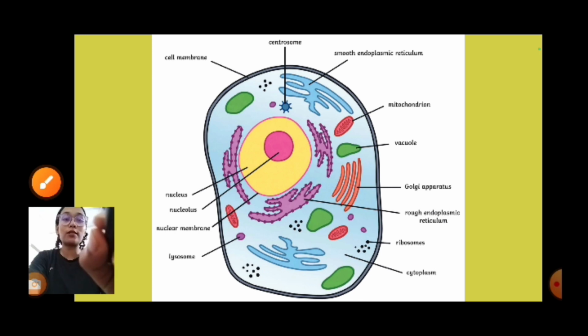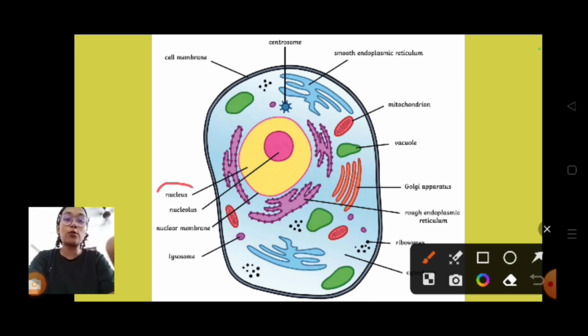This is an animal cell, with a centrally placed nucleus. You can see endoplasmic reticulum, rough endoplasmic reticulum, smooth endoplasmic reticulum. You can see the cell membrane but no cell wall. Just remember, vacuoles are smaller, and many are there. 1, 2, 3, 4 vacuoles in this diagram.